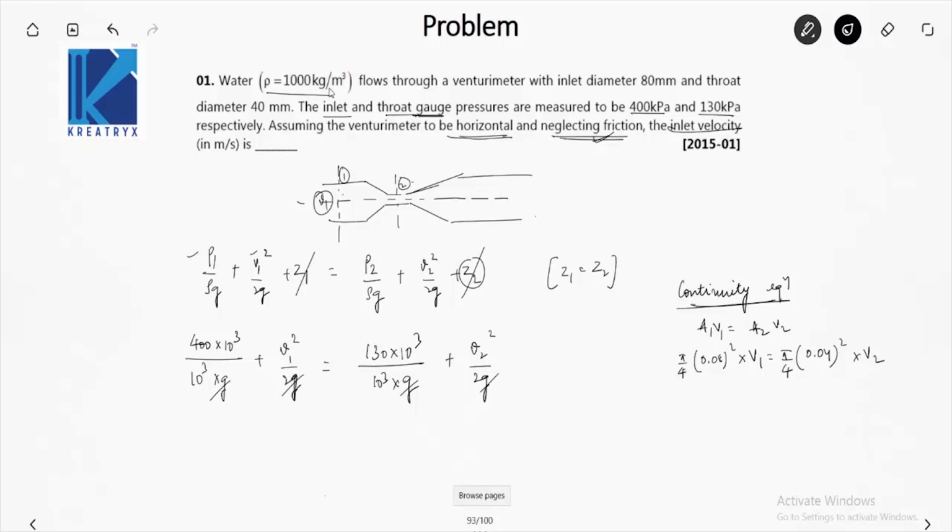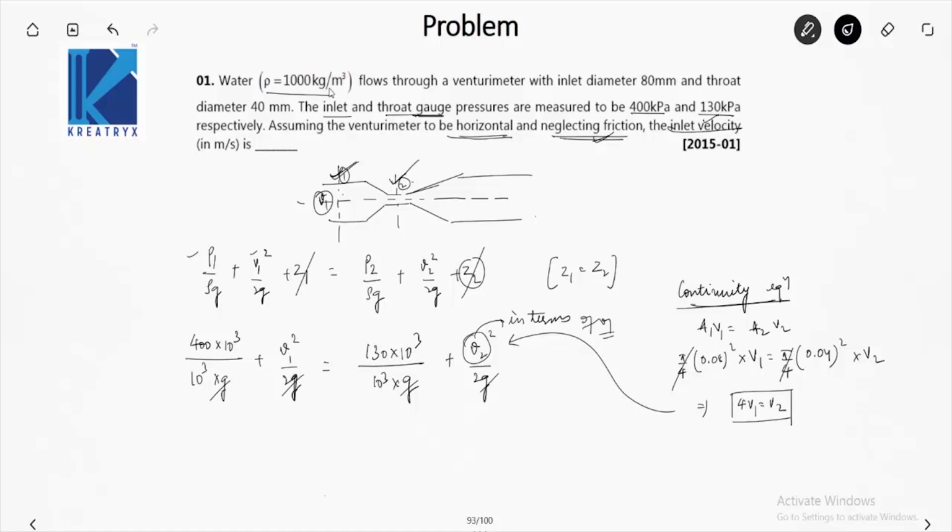So from here you get a relationship, that implies 4 V1 is equal to V2. So 4 times the velocity at the first section will be equal to the throat velocity. Obviously the velocity at the throat will be more, and at section 1 it will be lesser. So put this relation here. We have to find the inlet velocity, so we will substitute V2 in terms of V1 to directly get V1.